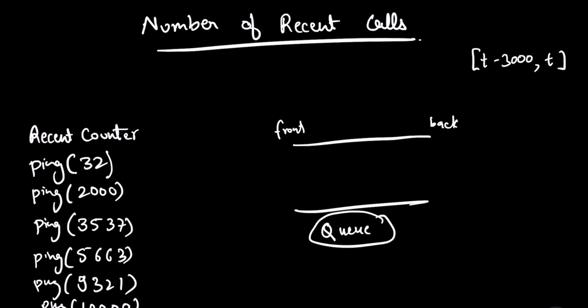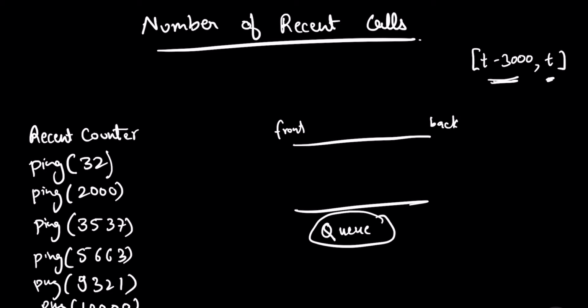And this queue is going to have only and only the times of the recent calls. Okay, so it's only going to have the information about the calls that have happened between t, which is the time for the current call, and between t minus 3000 milliseconds. So that is how we have to maintain this queue.